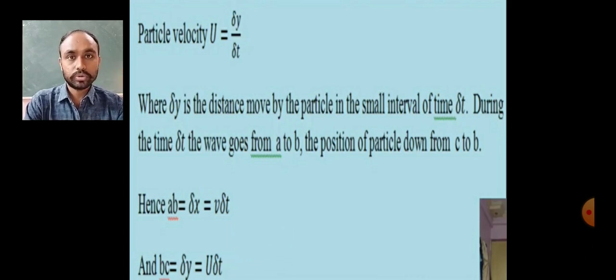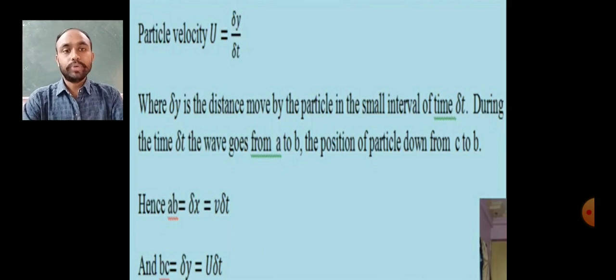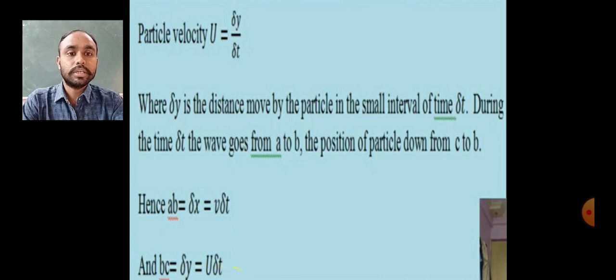So we got two equations: delta x is equal to v into delta t and delta y is equal to u into delta t. Moreover, what are those? AB and BC. Now let us divide this BC by AB. You can take it as equation number 1 and equation number 2, and we can say divide equation 2 by 1.